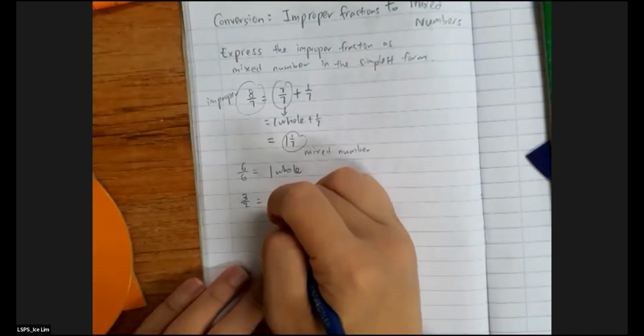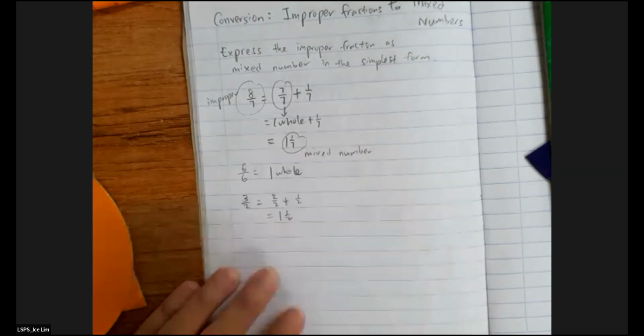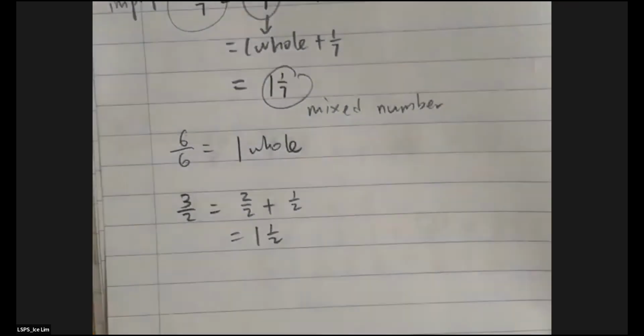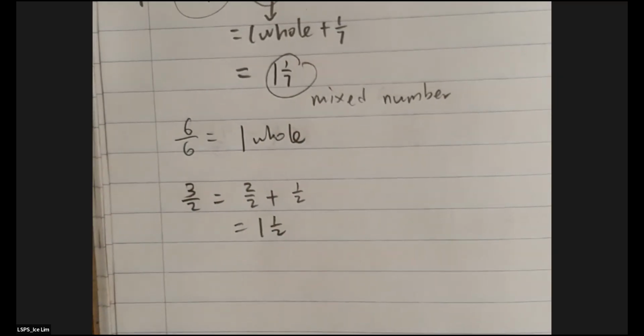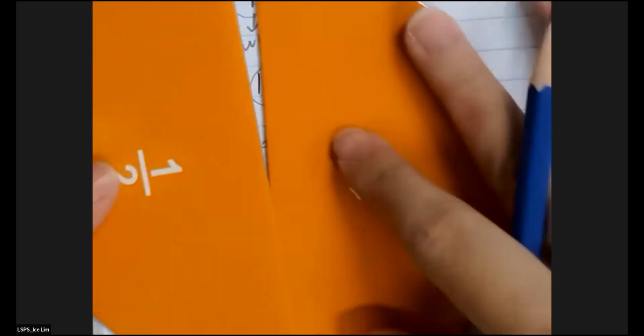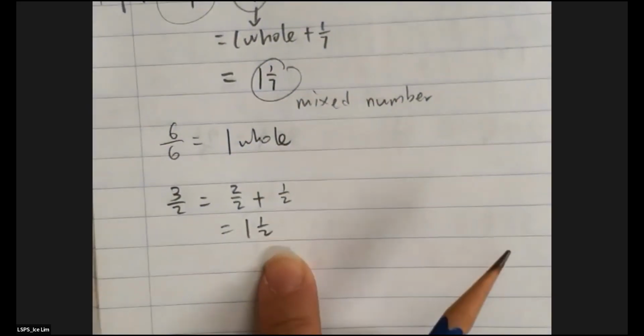So it's just 2 halves make a whole and a half. It just gives me 1 and a half. Improper fraction to mixed number. Is it difficult? Not really, right? Okay, this one's still quite manageable. Just this half, put it together to give me the whole, and then don't forget the extra.